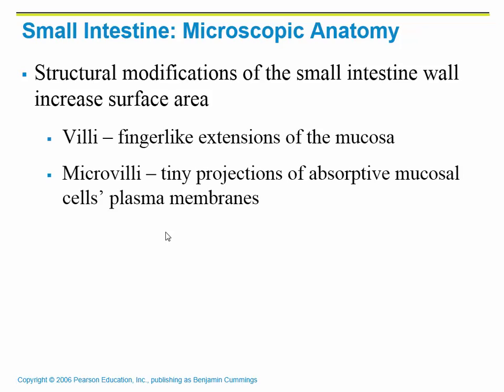Now, one of the important parts of the small intestine's job is to absorb all of the nutrients and most of the water from your digested food. And so what it has included in it are villi and microvilli. And what this does is, because it's folded, it's going to increase the surface area so it can do more in a smaller space.